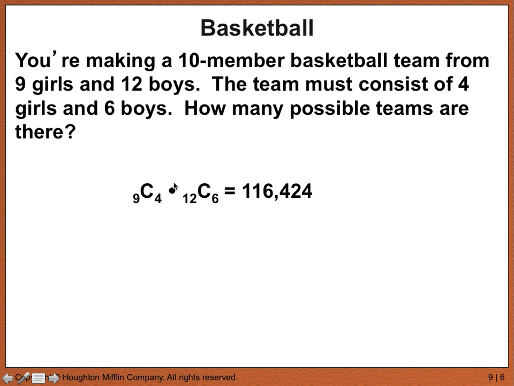These are like independent events. You could call this your girl event and this your boy event, and with independent events, as we learned before, you need to multiply them to get the total number. So 9C4 times 12C6 equals 116,424.